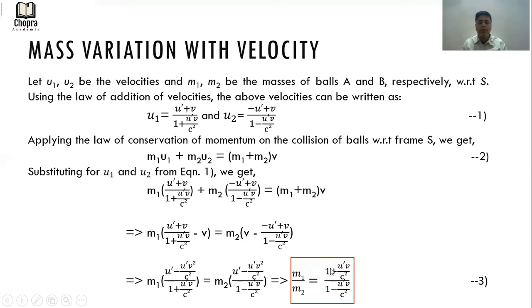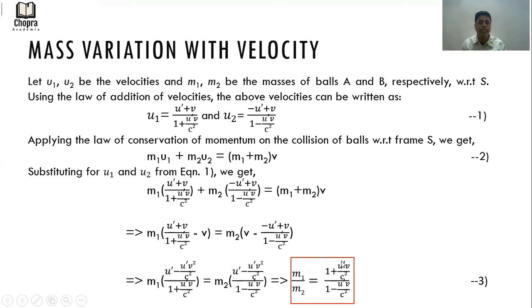Moreover, if you see, m1 and m2 are the masses which were measured with respect to the frame S or the observer O with respect to the frame S on the left hand side, and on the right hand side you have the primed quantities which are with respect to S dash frame. So we want to get the measurements with respect to the same observer on both sides.